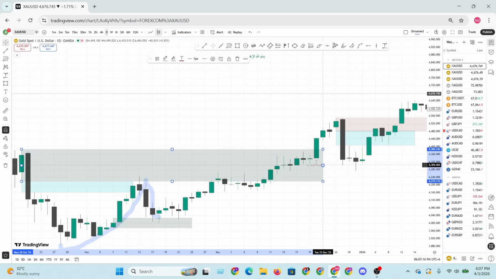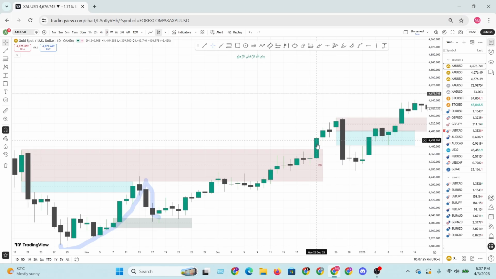Then it turned into a breaker block. Then the market came again to this level. Look, it broke on 22 December, and 23, 24, 25, 26, 29, 30.